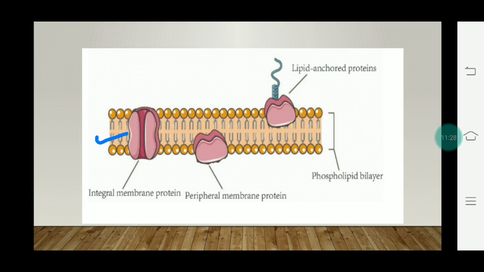And here is the integral membrane protein, also called the transmembrane protein, which has single pass or multiple pass ways. Now here is the lipid anchored protein, also called the lipid linked membrane protein.